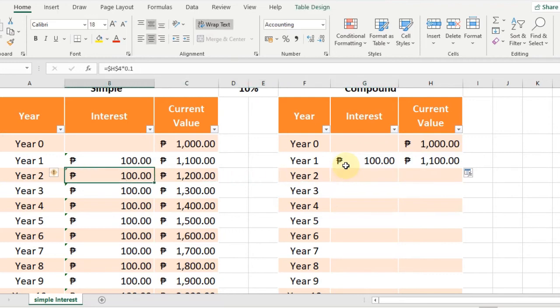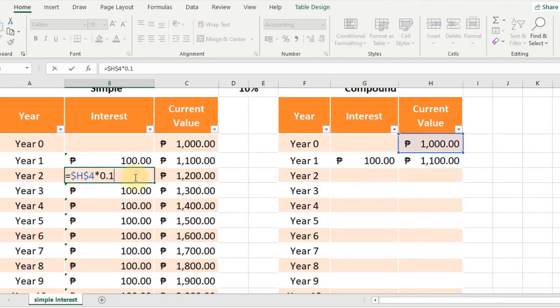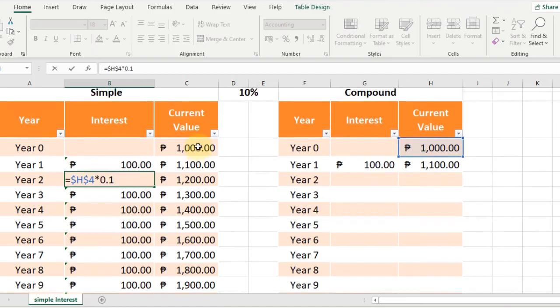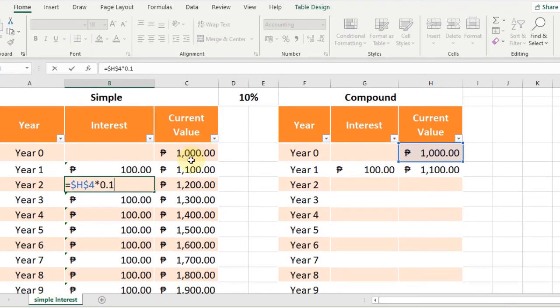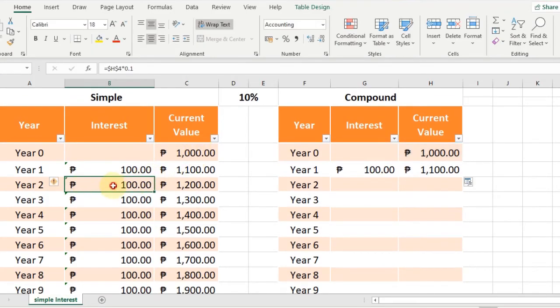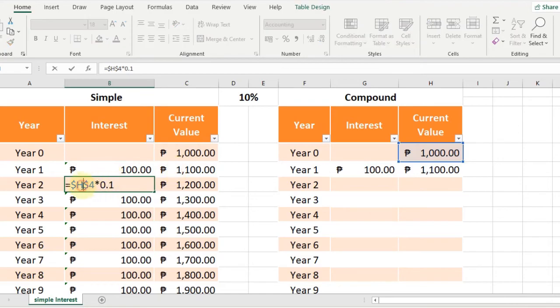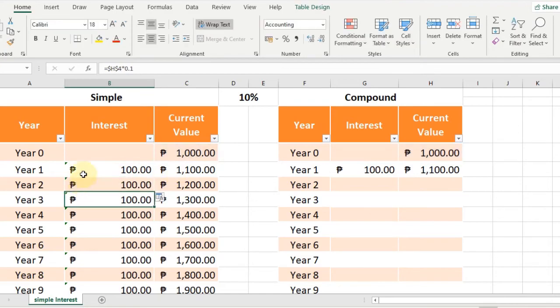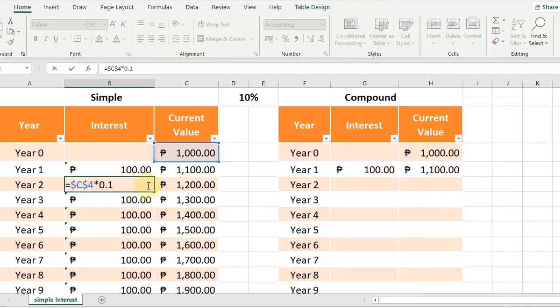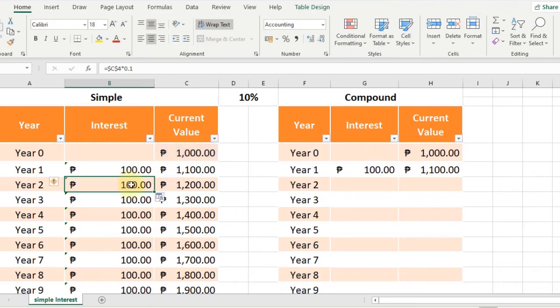Now, let's look at what happened in simple interest. On year 2, your interest is still 100 pesos because you keep on getting the 10% of your principal amount, which is 1,000, right?